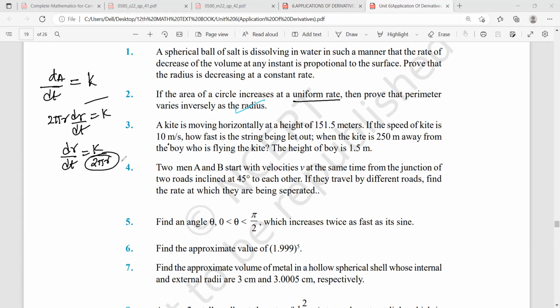Perimeter varies inversely as the radius. Last time also we did this, perimeter inversely as the radius. Yes, sir, now I remember.